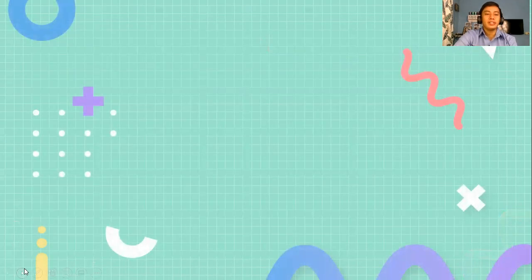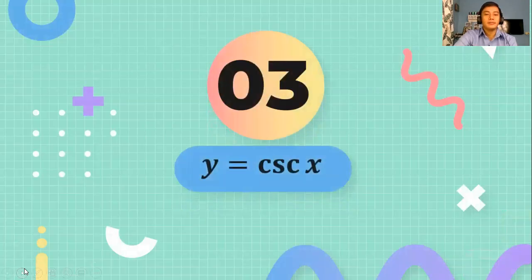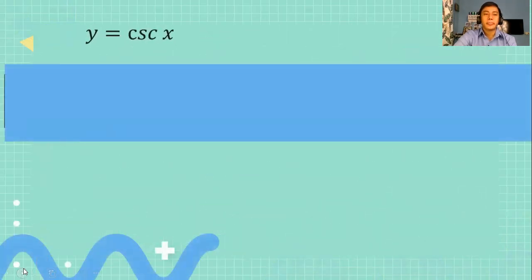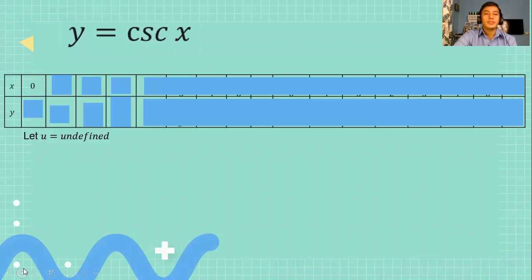Now let us consider the third function, which is y is equal to cosecant x. To get that value, that is 1 over sine x. So that is undefined. Y is equal to cosecant 30 degrees.